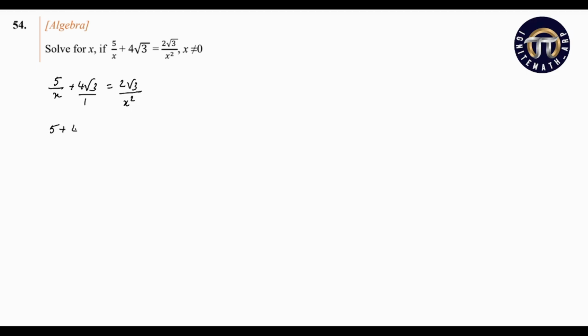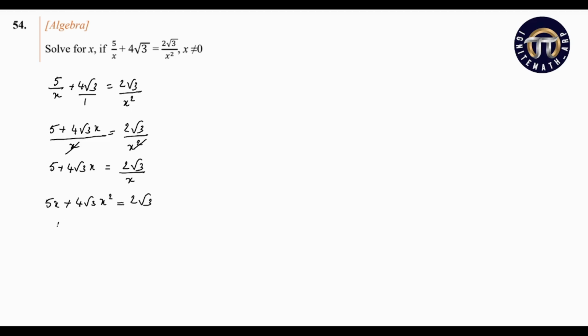So (5 plus 4 root 3 x)/x is equal to 2 root 3 by x square. So 1x will get cancelled. I'll be left with 5 plus 4 root 3x is equal to 2 root 3 by x. When I cross multiply, this becomes 5x plus 4 root 3 x square is equal to 2 root 3.